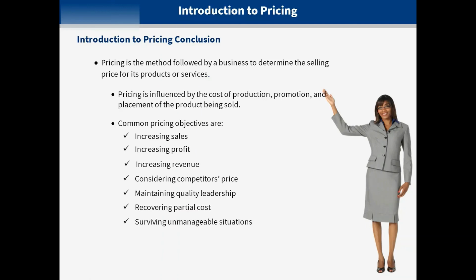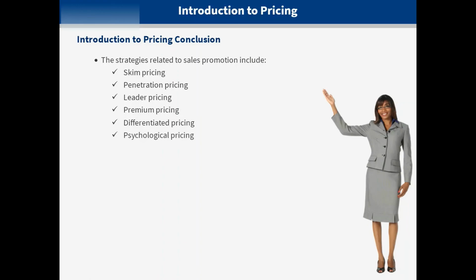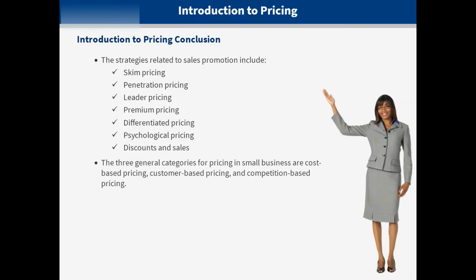unmanageable situations, maintaining stability. The strategies related to sales promotion include skim pricing, penetration pricing, leader pricing, premium pricing, differentiated pricing, psychological pricing, discounts and sales. The three general categories for pricing in small businesses are cost-based pricing, customer-based pricing, and competition-based pricing.